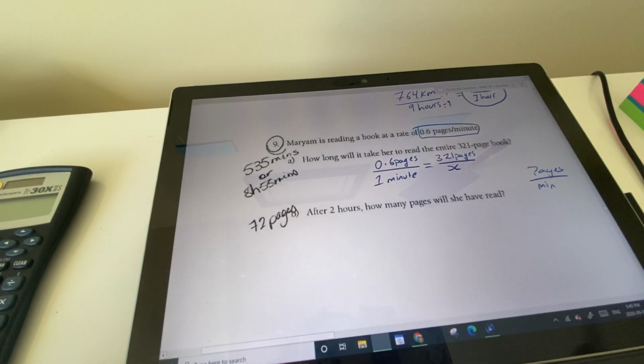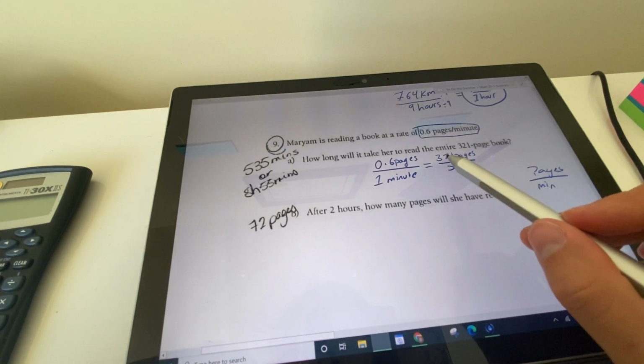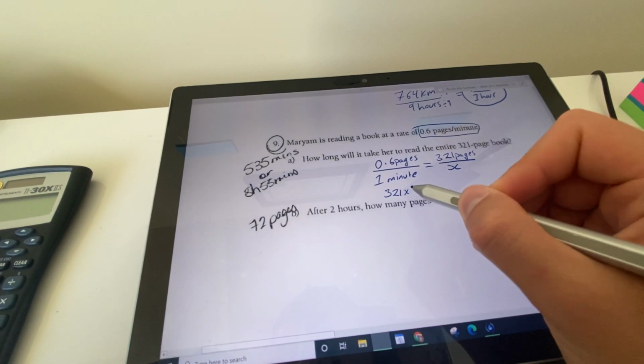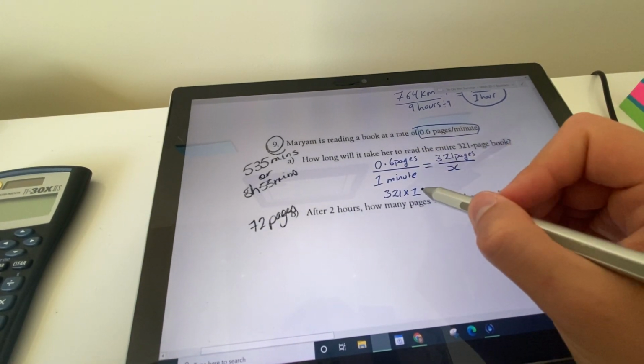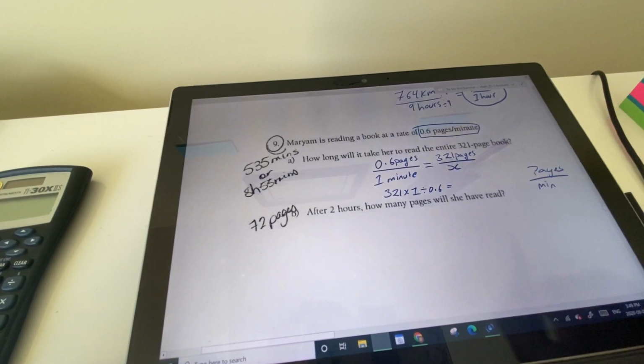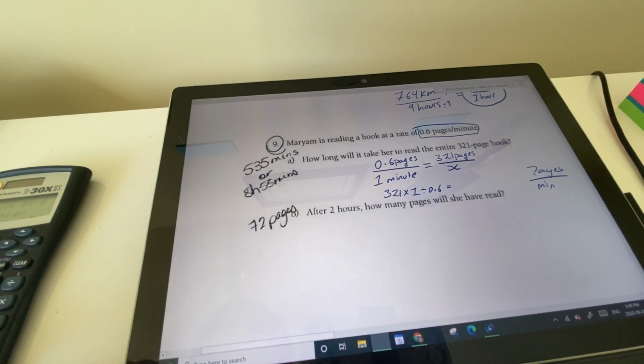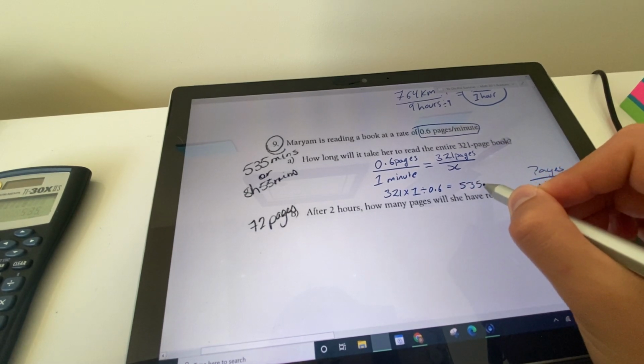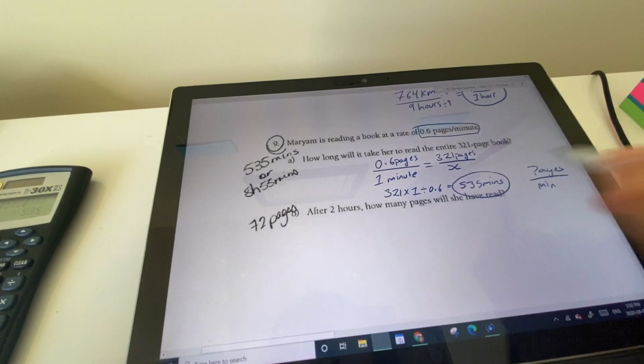Now we're going to perform cross multiplication and division. 321 times 1 divided by 0.6 gives me 535 minutes. And I would just leave it like that.